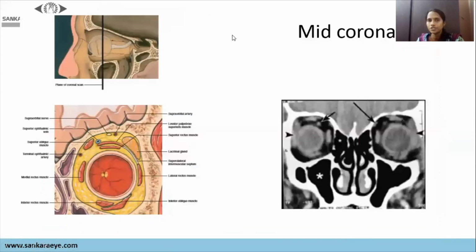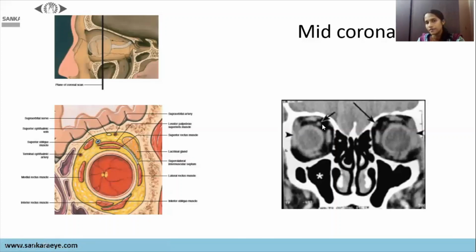And quickly into the structures. In the anterior coronal, you will see the anterior orbital soft tissues, the palpable part of the lacrimal gland, and the frontal sinus. And in the mid coronal, you will see the equator of the globe surrounded by the extraocular muscles. And here you will see a part of the lacrimal gland and the lacrimal gland fossa.